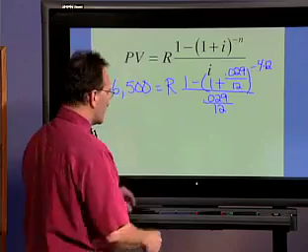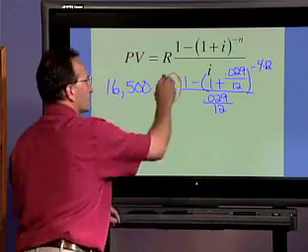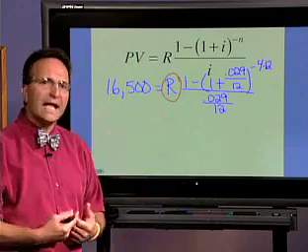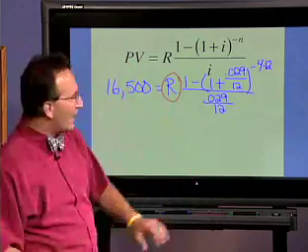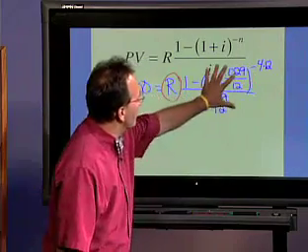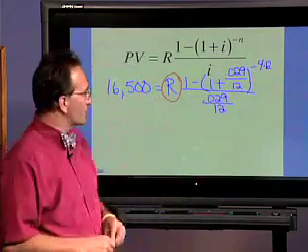Now, of course, what we want to do here is solve for R. And that would involve basically taking 16,500 and dividing it by that arithmetic expression.